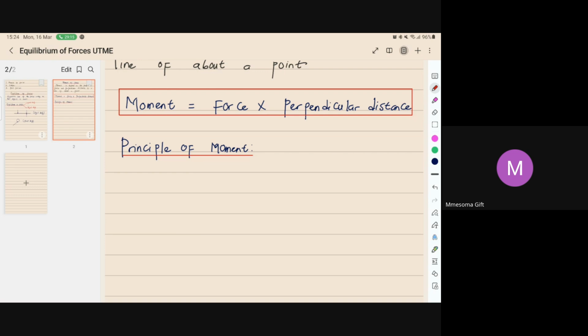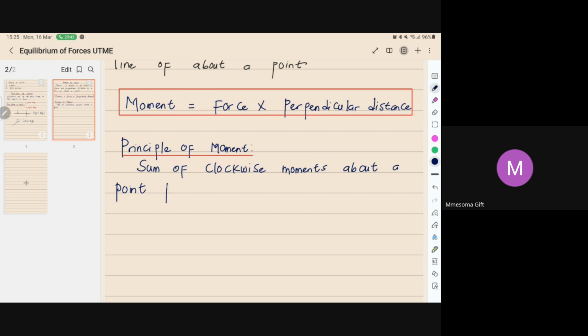So the principle of moments: the sum of clockwise moments about the point. All those things are already in your dashboard. Every video you need is already on your dashboard, actually. It's up to you. Why I'm doing this particular topic is that it can be confusing.